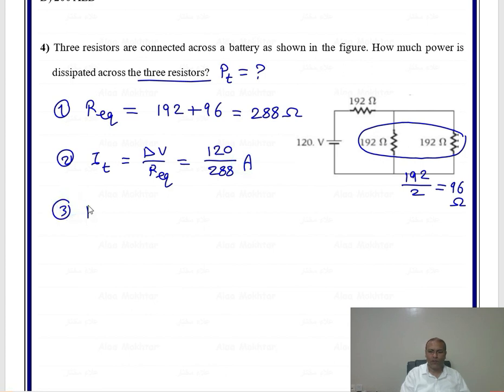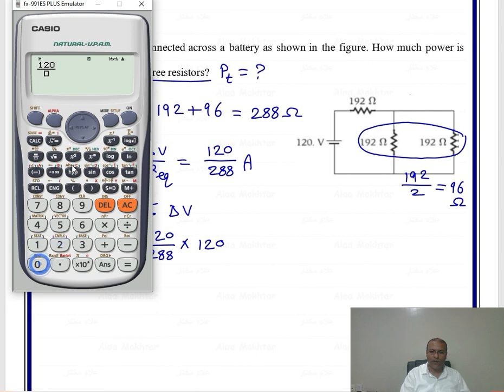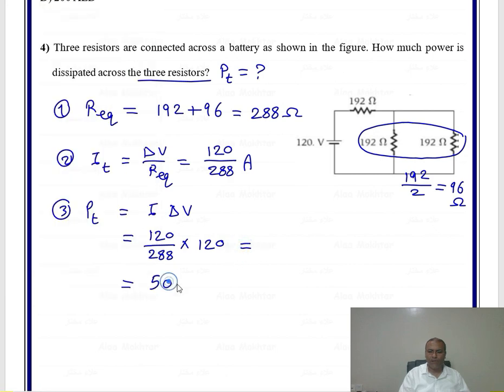The third one, total power equals I multiplied by ΔV, equals 120 over 288 times 120. The answer is 120 squared over 288, which equals 50 watt. The total power delivered from the battery to all resistors is 50 watt.